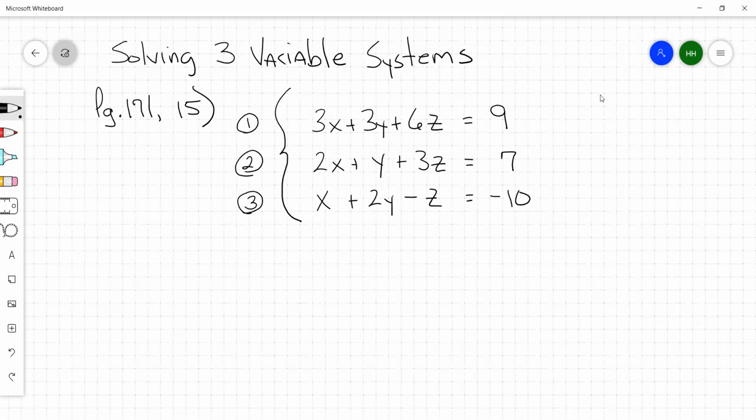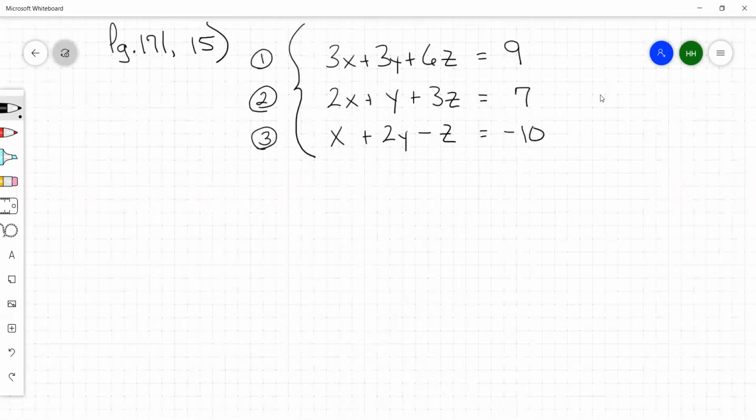Well, when you pair up 1 and 2 and 2 and 3, and you make a 4 and a 5, the 4 and the 5 should look the same. They should have the same two variables in them. You're pairing 1 and 2 and 2 and 3 to get rid of the same variable. Problem is, and what confuses you guys is that you get to choose which variable.